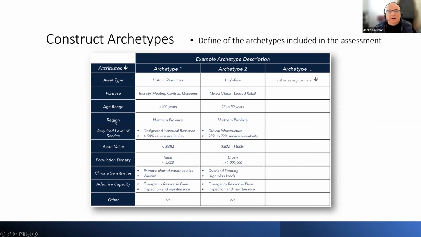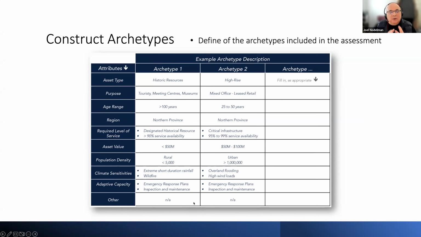So are we in the north, or are we somewhere in a desert region? We need to understand its required level of service, in this case, the value of the asset. So are we looking at something that's relatively inexpensive, or are we looking at trillion-dollar assets? How many people are affected in this case? Climate sensitivities, the adaptive capacities, and any other considerations.